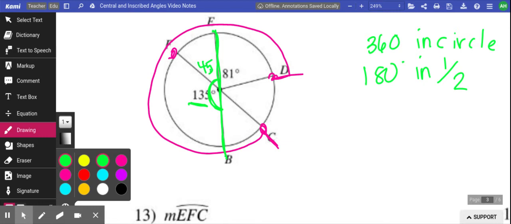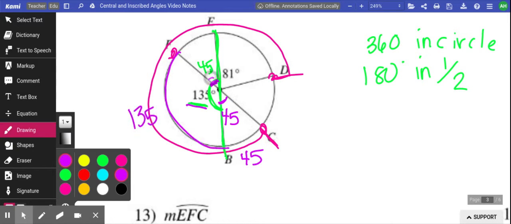Okay, then you go back to integrated 3A, and we talk about vertical angles. If this one's 45, this one is also going to be 45. So then if this is 45, this guy out here is 45. If this is 135, then this one is going to be 135.